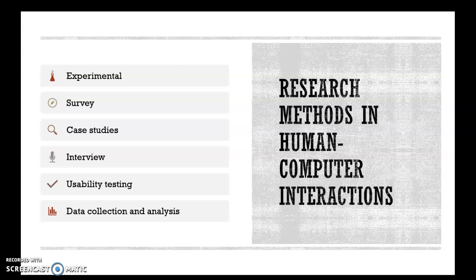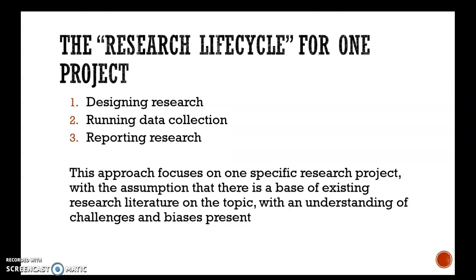And usability study is based on testing tasks and collecting the data and analysis. So a research life cycle for one project is first you have to define the research, and then you run data collection, analyze the data, and report the result of the research.